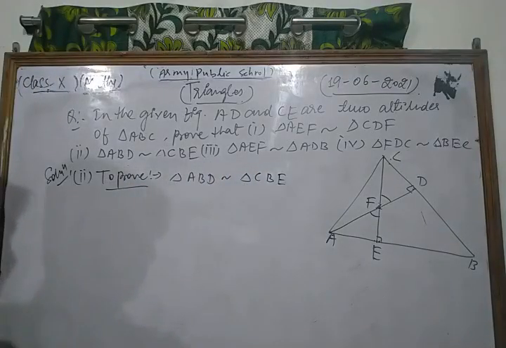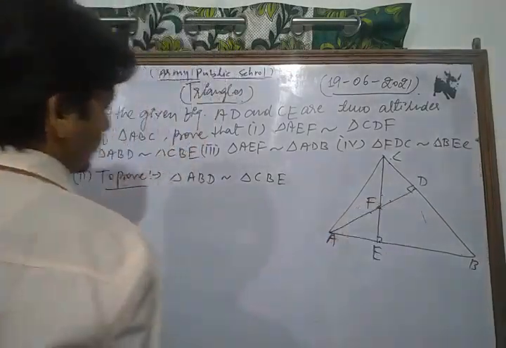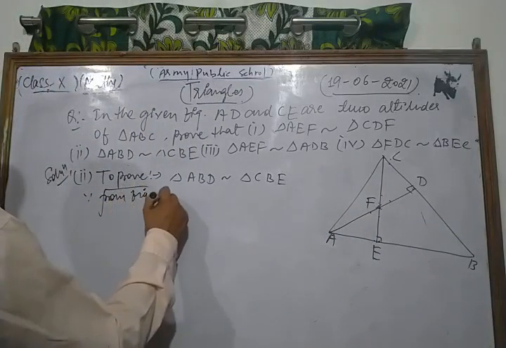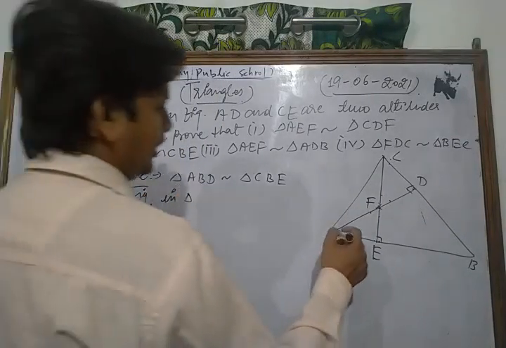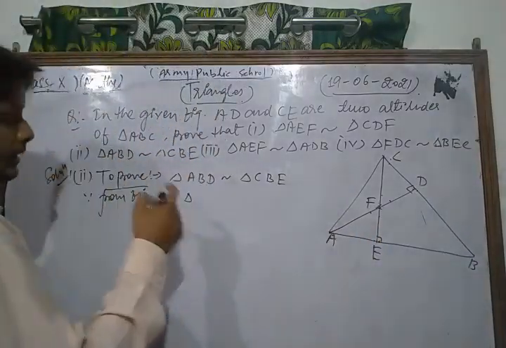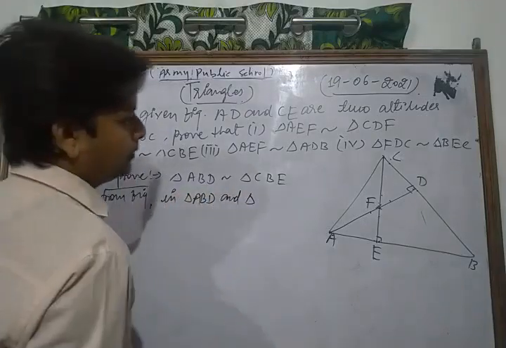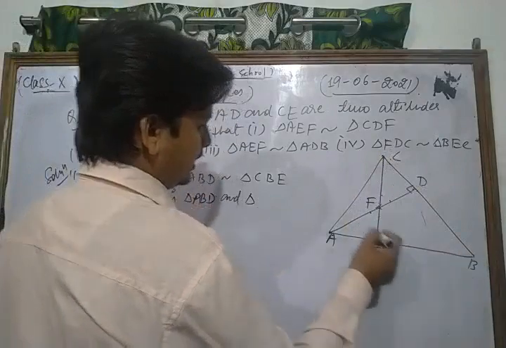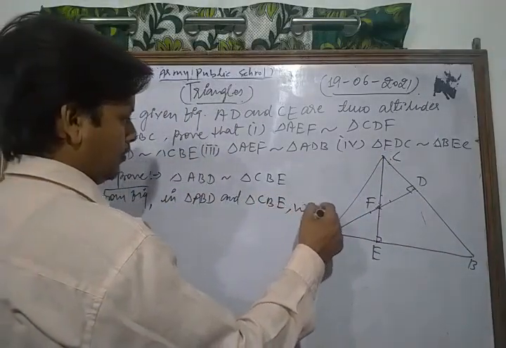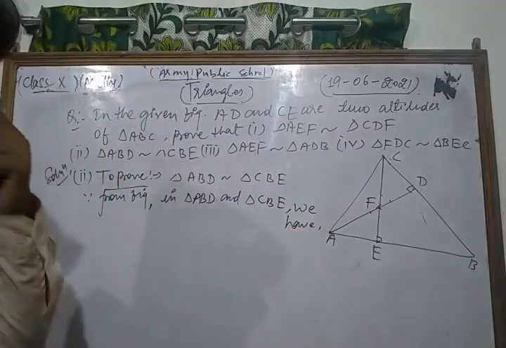Now, from figure, in triangle ABD and triangle CBE, we have, let's see what we have, dear students.